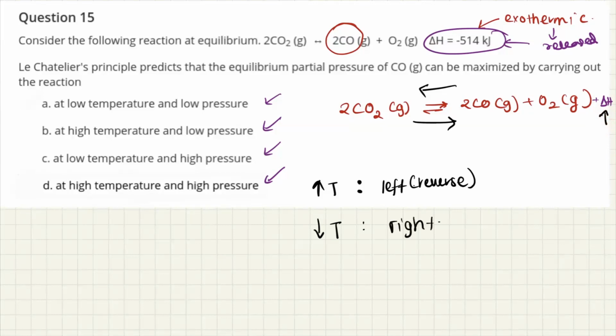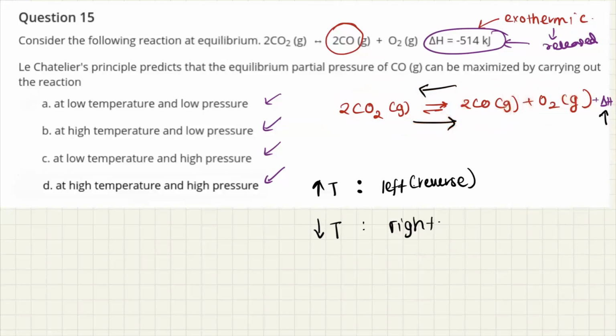Okay? So let's look at what happens when it goes to the right and what happens when it goes to the left. When it goes to the left, which is this one, it's going to start producing more carbon dioxide, CO2, right? But when it goes to the right, now it's producing more carbon monoxide and oxygen gas.